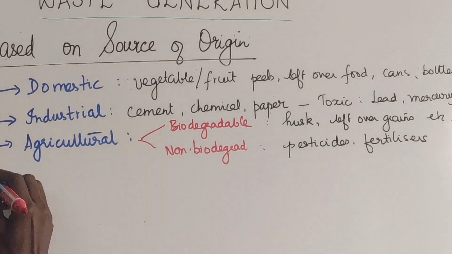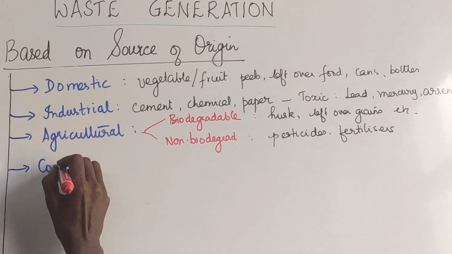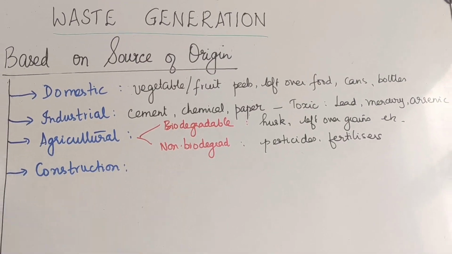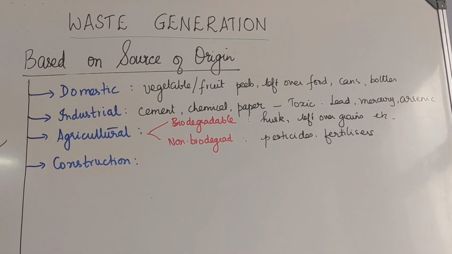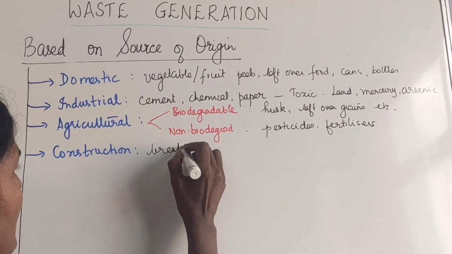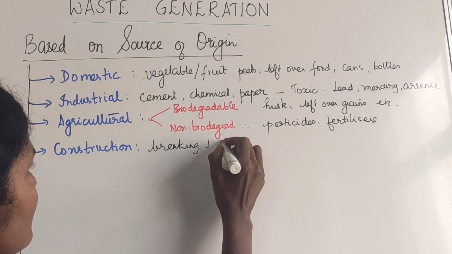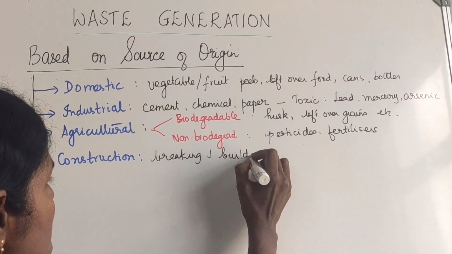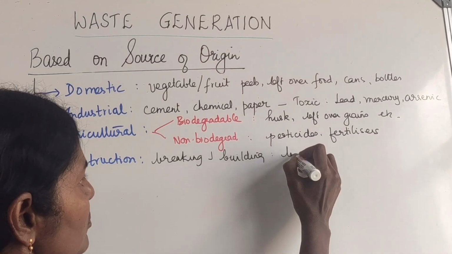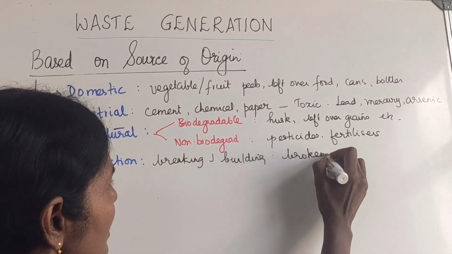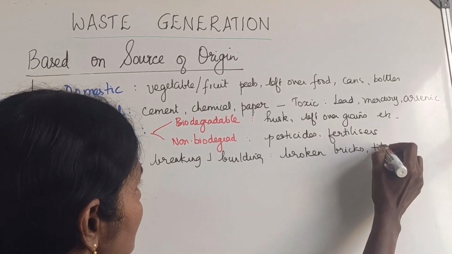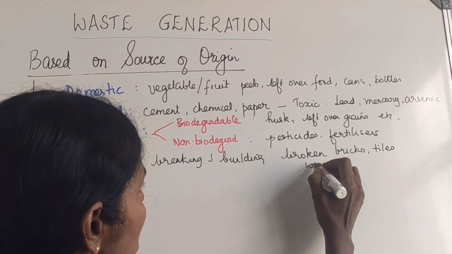Then we have waste from construction. Whenever there is a building construction, something is broken down, something is built up, then you have waste because of breaking and building. So what do we see here? We have broken bricks, tiles, then wood.